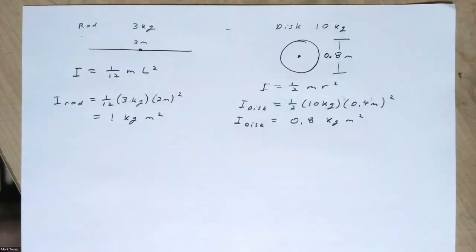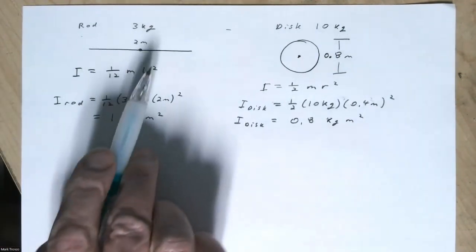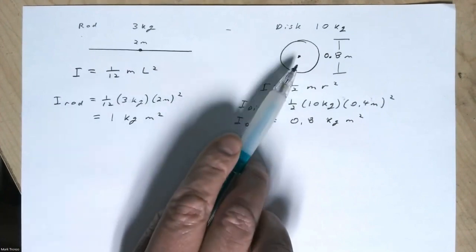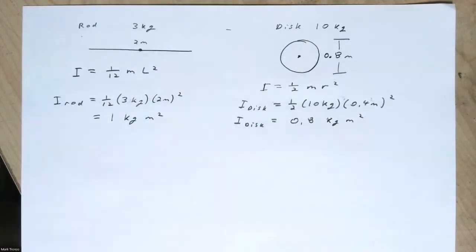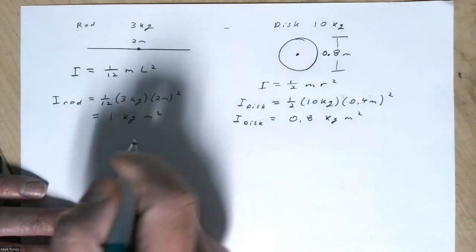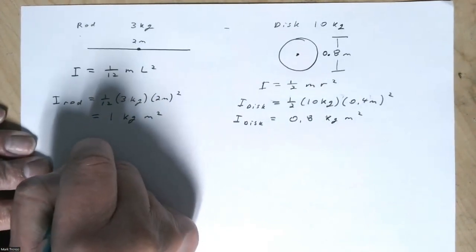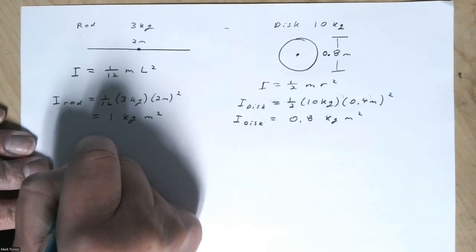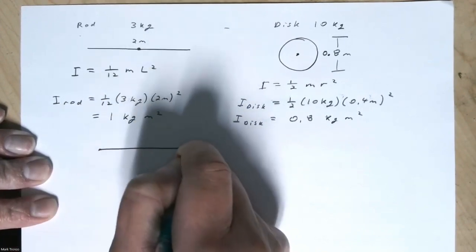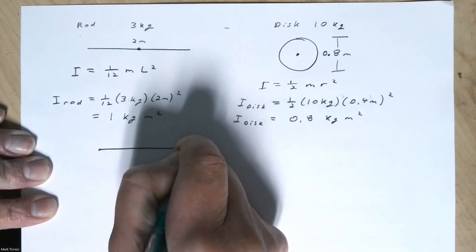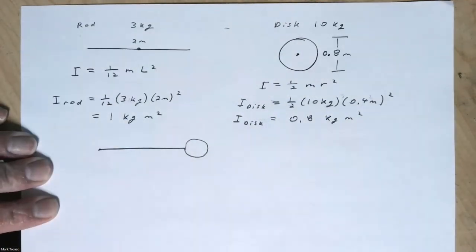Now, the one thing we have to keep in mind is this time, these mass moments are not about the center of rotation. So the picture we actually have looks something like this.